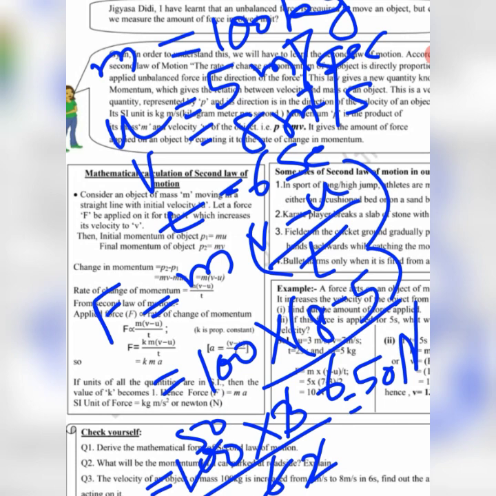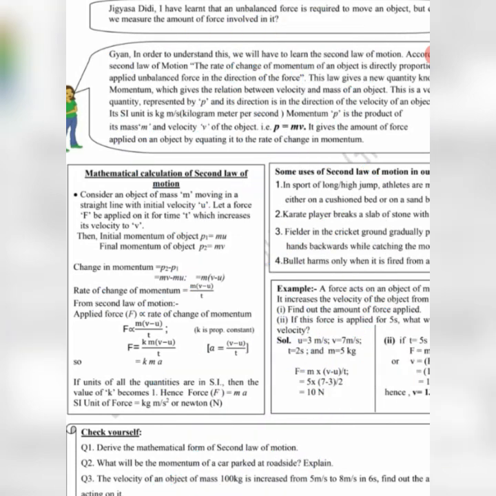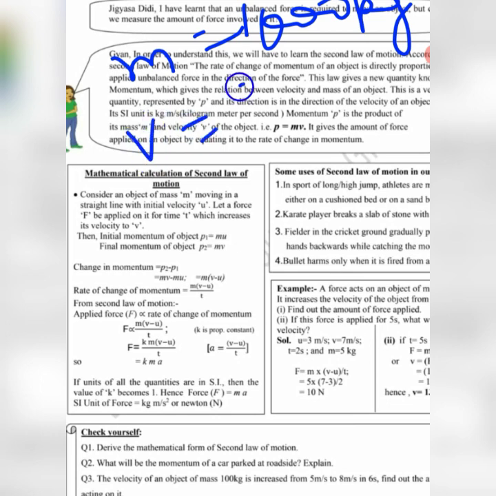Now let us see the fourth question. The fourth question says a truck of mass 1000 kilogram is moving with a velocity of 0.5 meter per second. So calculate the momentum. Mass given is 1000 kilogram and velocity given is 0.5 meter per second.